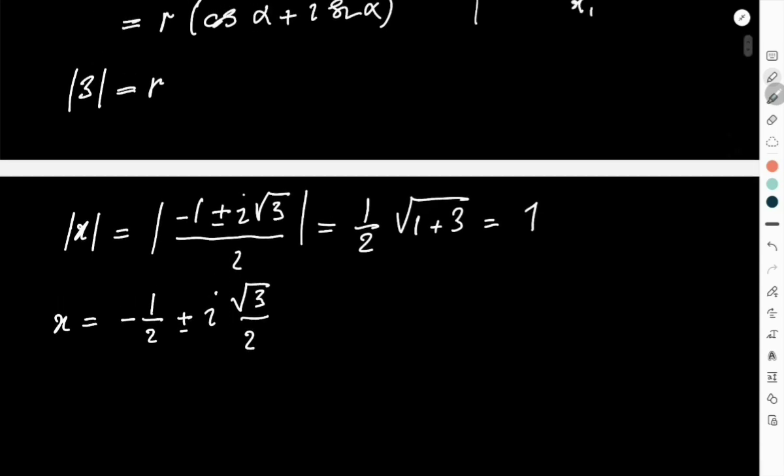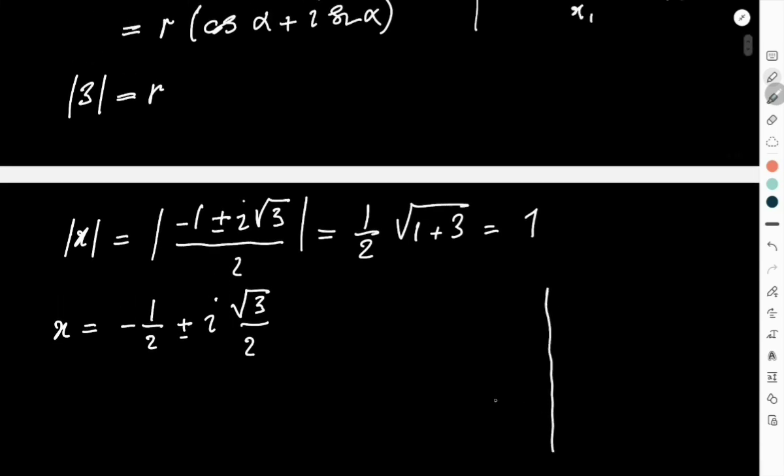So let's look again at the complex plane. If I have alpha as 2π over 3, then cosine of 2π over 3 is minus 1 over 2, and the sine of it is square root of 3 over 2.